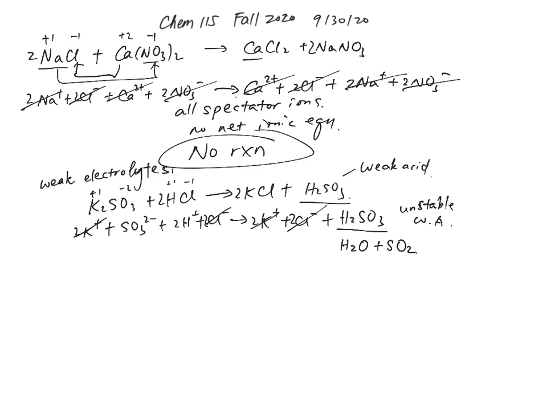But the majority of the compound, instead of staying in this original molecular form, actually breaks down, not dissociation into ions, but breaks down into 2 neutral molecules, H2O and SO2. So the net ionic equation for this should be SO3 2 negative plus 2H plus, producing water and sulfur dioxide. This is something that this particular weak electrolyte does.